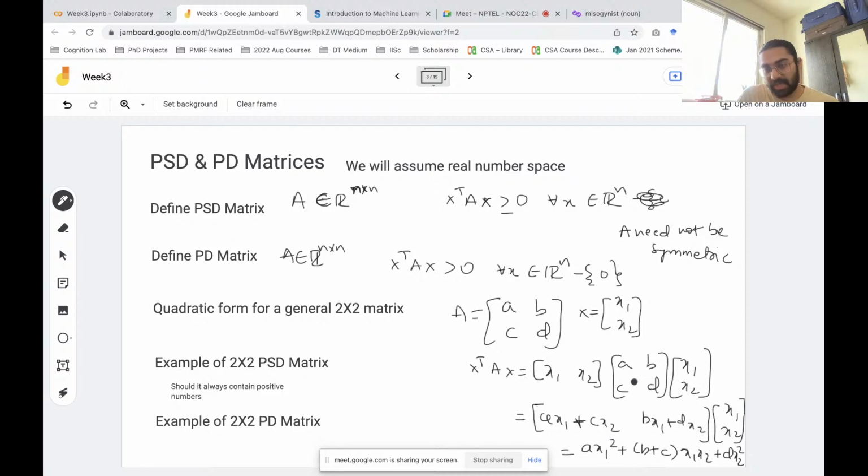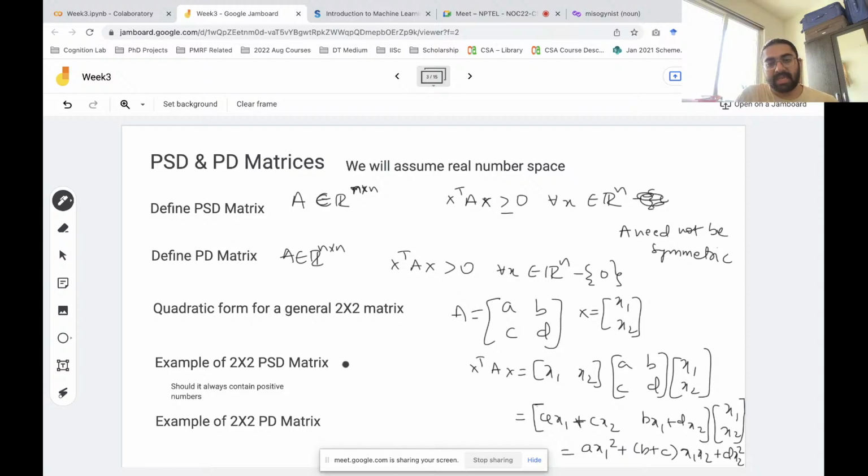So from this we can build some examples of 2 cross 2 PSD matrices and PD matrices. For a PSD matrix example, this quantity has to always be greater than or equal to 0.